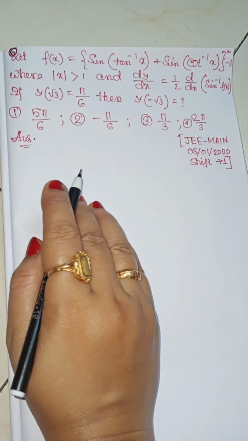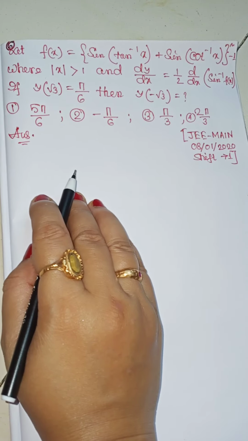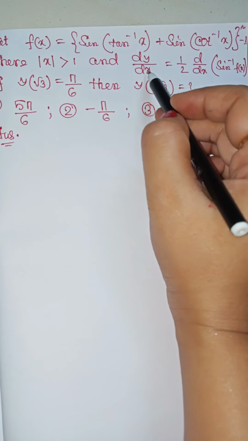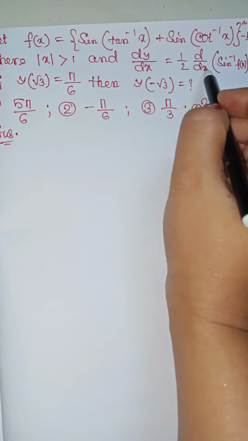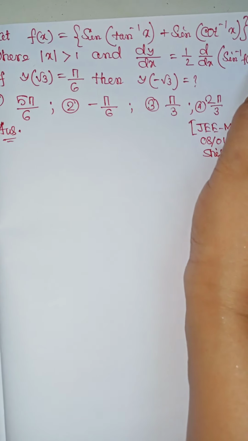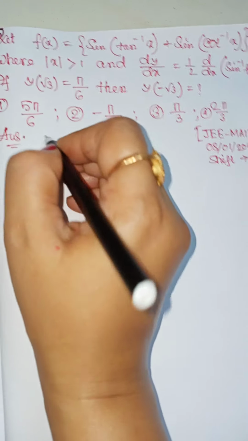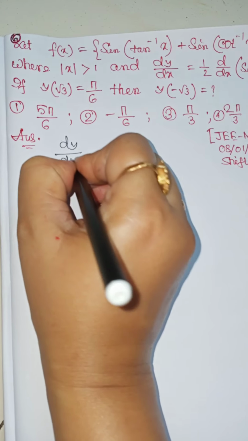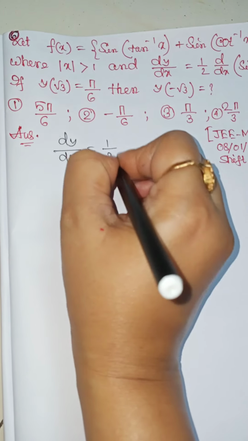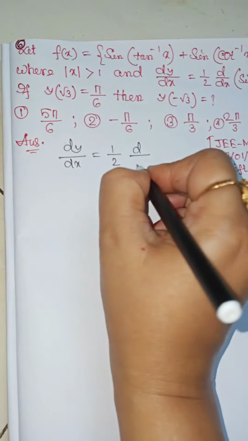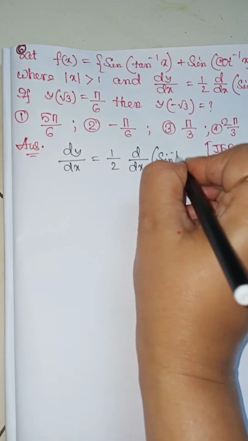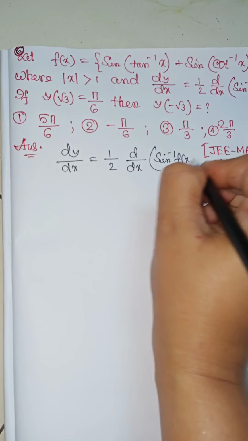This is a problem from calculus, where f(x) is a function and the derivative is given as dy/dx = (1/2) d/dx sin⁻¹ f(x).